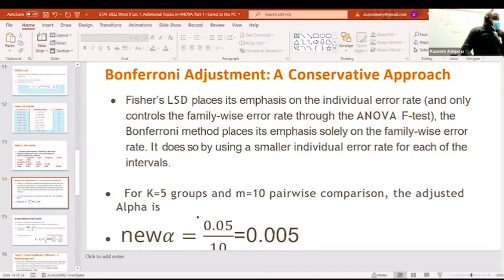But let me tell you this. If you're comparing chemotherapeutic treatments, and you basically want to use a Bonferroni correction, don't make a mistake. You need to test for more tests before you can use a Bonferroni correction.